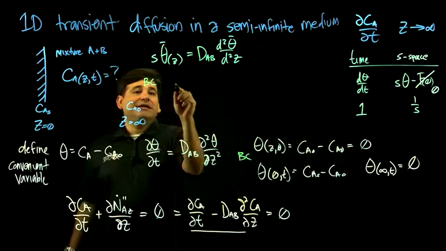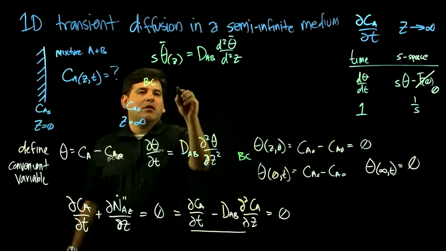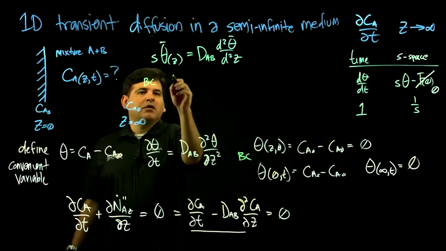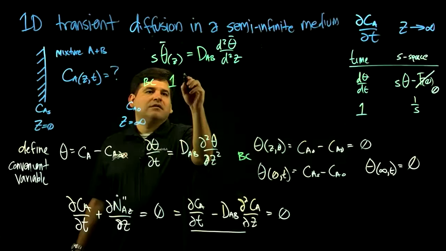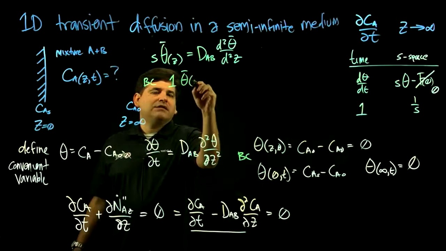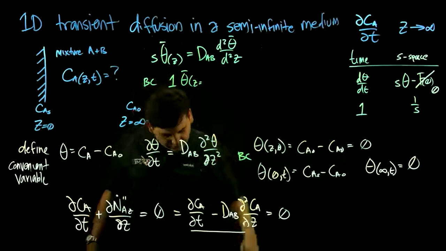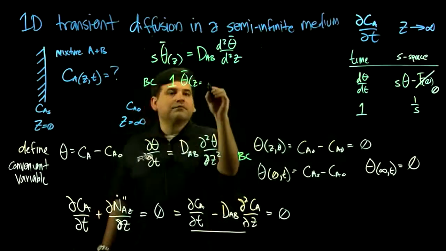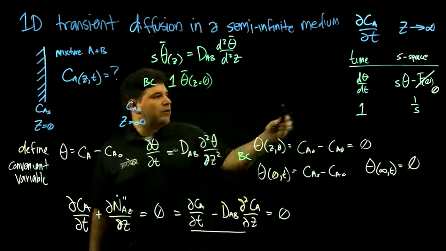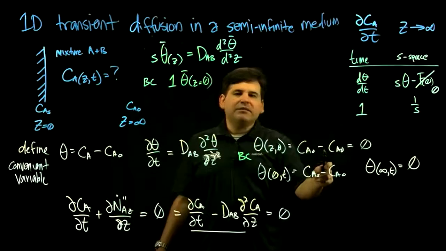The BC in theta bar would be theta bar at z equals 0. You're applying this transform here. It's just the same thing over s though.